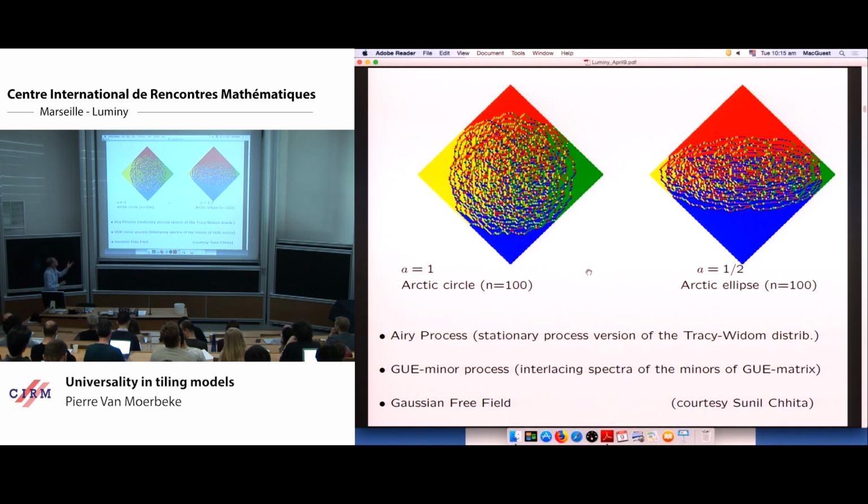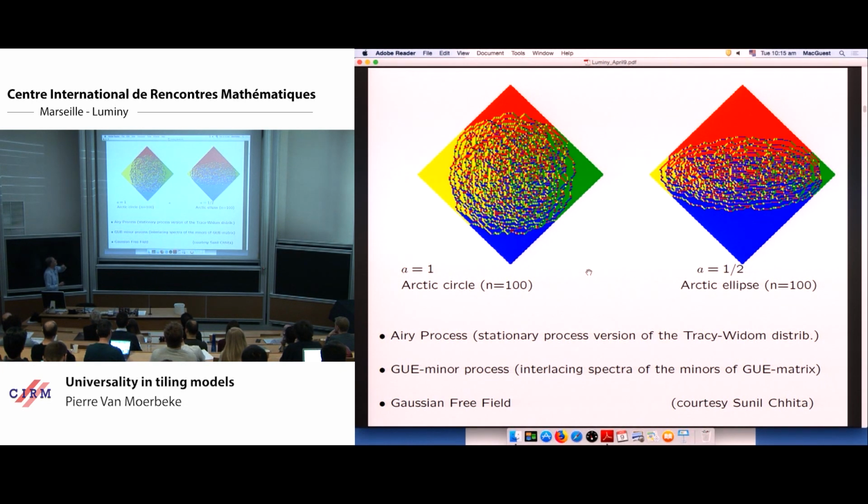If you do that simulation, you get that this is frozen yellow, this is frozen blue, this is frozen green, and then you get some sort of shape like this, and inside it people have shown this is a Gaussian free field.